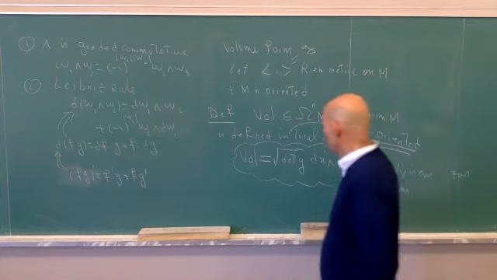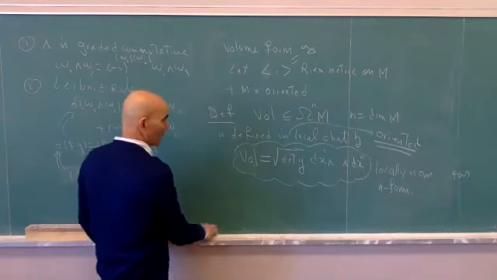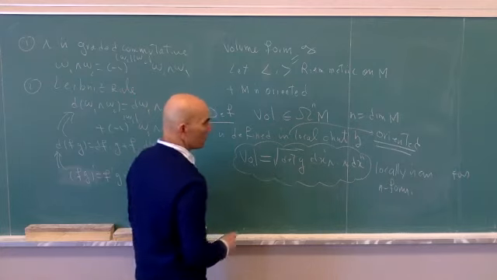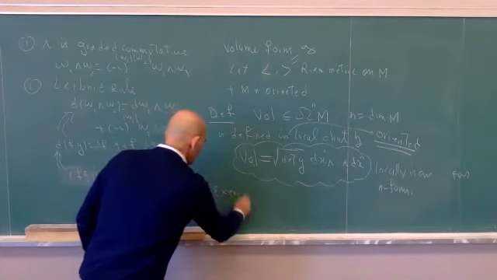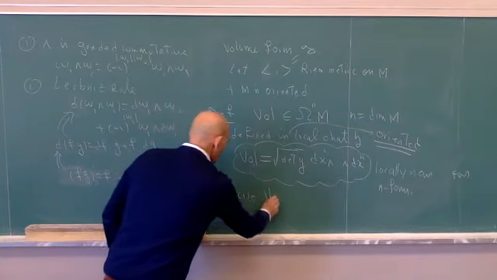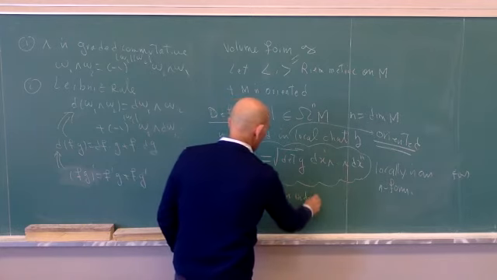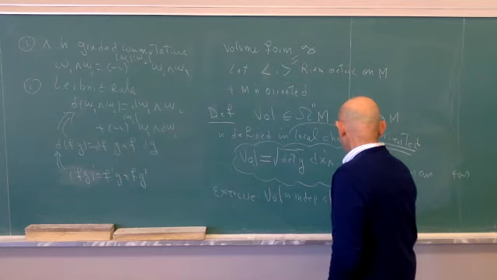Now, what you have to do in order to make sure that you have defined some object of global interest is to check that this is actually independent of choice of basis. So, exercise again: vol is independent of choice of basis.